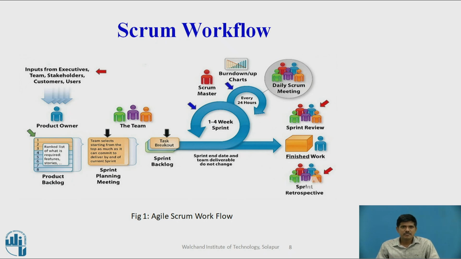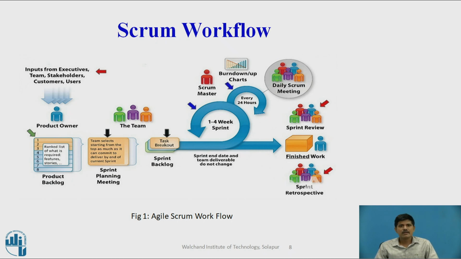Then there will be a sprint planning meeting, which means the product owner calls a meeting with the Scrum Master, the development team, the testing team and other supportive teams, so that they can discuss what type of stories they are going to implement for the current sprint, what the deadline for the completion of that sprint is, what the story points for each story are, and who is responsible to do what.